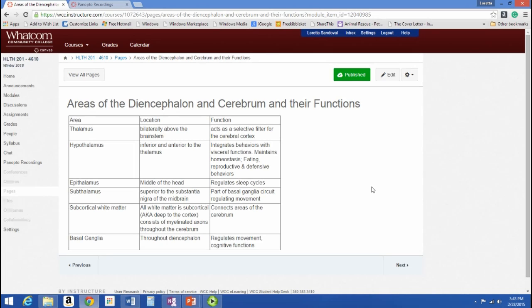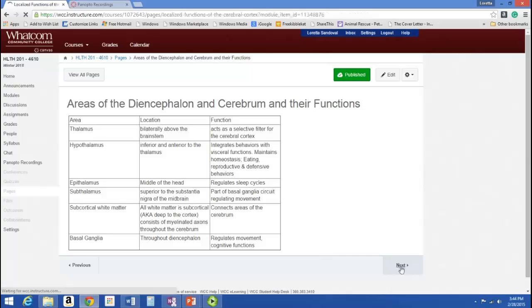And if you wanted to, make another chart, add another section for disorder, you could do that. Like for example, the thalamus, it's located bilaterally above the brainstem. It acts as a selective filter for the cerebral cortex. So you can just look down the line. So this information is what you need to know for the test. The chart is a great little way to study for that.